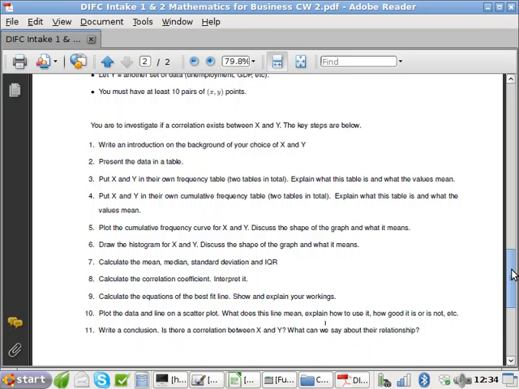It doesn't have to be business and economics. I'll give you some interesting ideas from other students in previous years. Some students did the size of a car engine and the price of the car. Some people did how much the footballer gets paid and how many goals they score. This data is very easy to find.